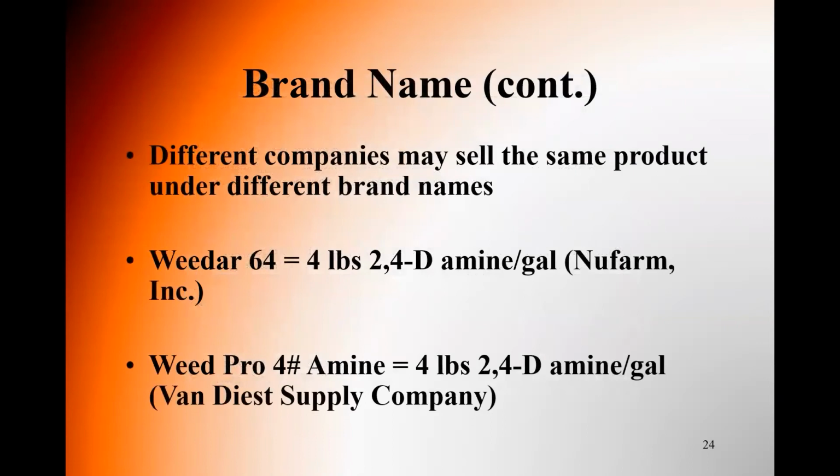Different companies may sell the same product under different brand names. With 2,4-D products, there are probably literally hundreds of brand names of 2,4-D amine. Weedar 64 is a 4-pound 2,4-D amine made by NuFarm. Weed Pro 4 Amine is a 4-pound 2,4-D amine made by Van Diest Supply Company.